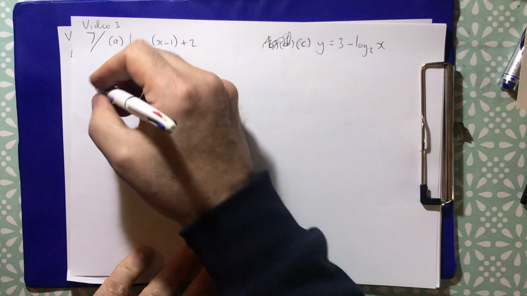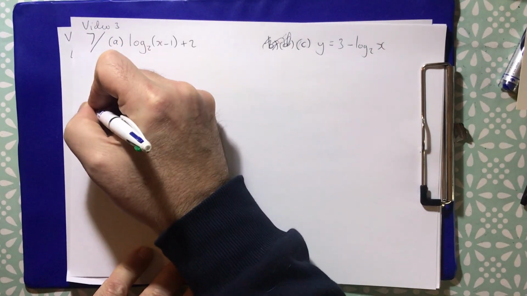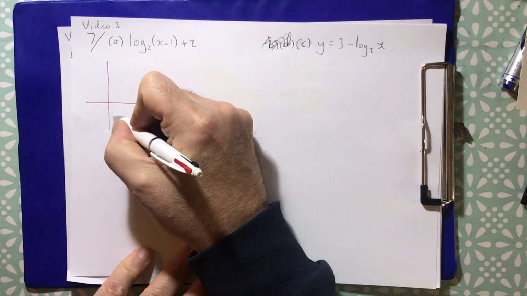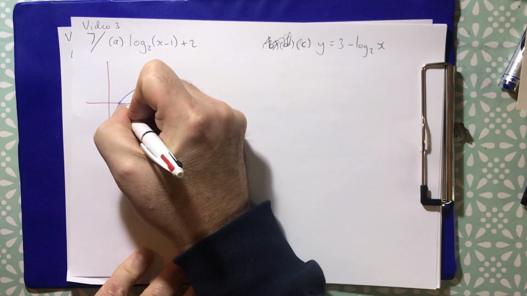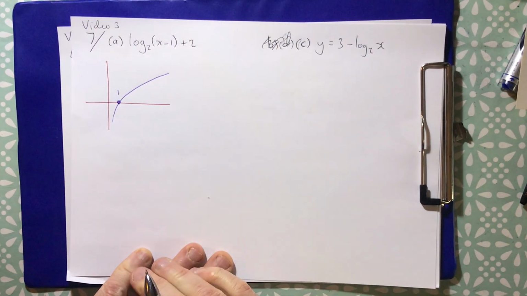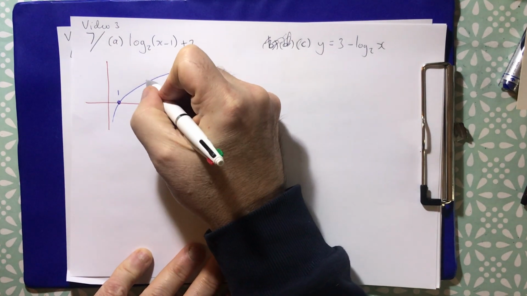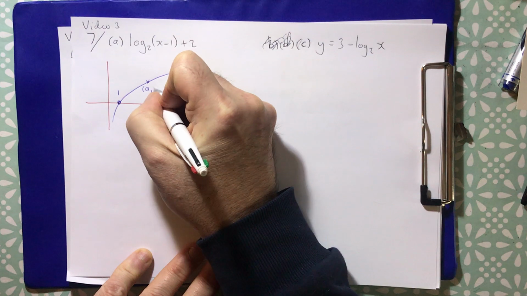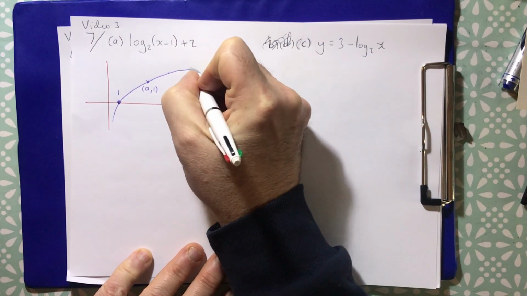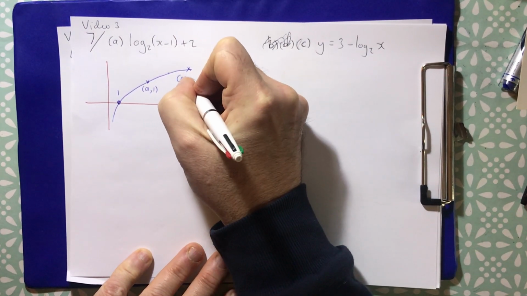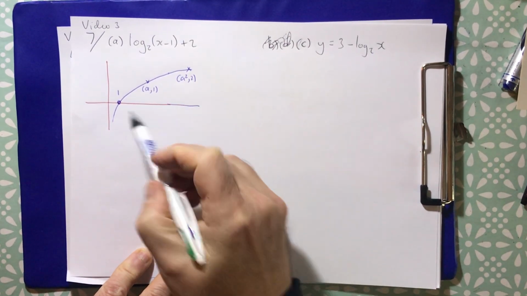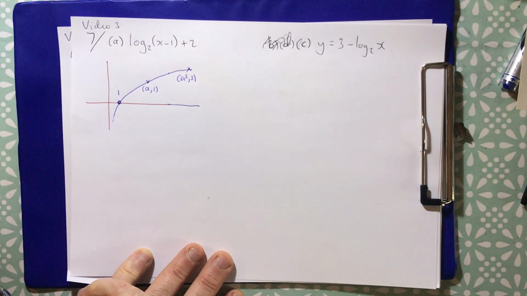The standard log graph, if I draw axes, the standard log graph goes like this. It always goes through 1 on the x-axis. It will go through a, 1, a squared, 2, and so on. So if they ask you for 3 points, you do those 3.